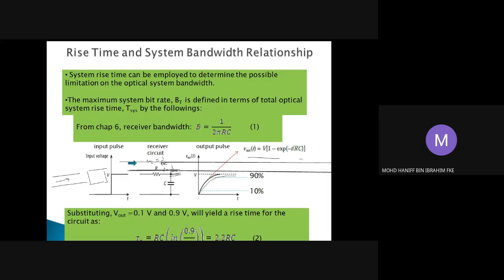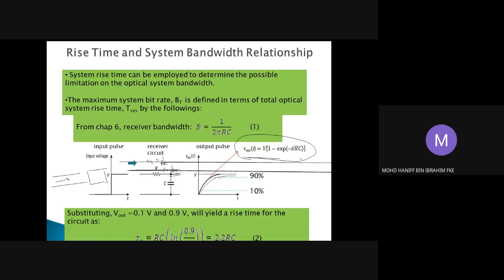I am not going to explain this in detail, because the mathematics will take quite some time to prove, but we understand this relationship between the input pulse, a rectangular function, passing through the receiver circuit. At the output we have this equation of the output voltage measured across the capacitor.